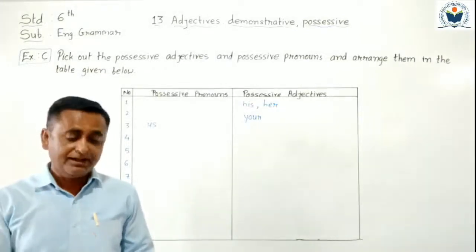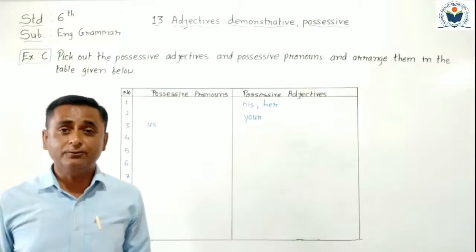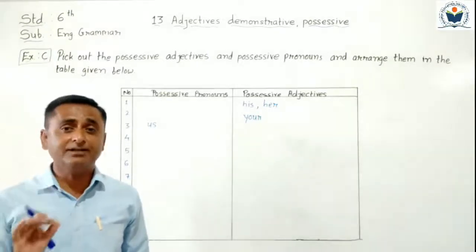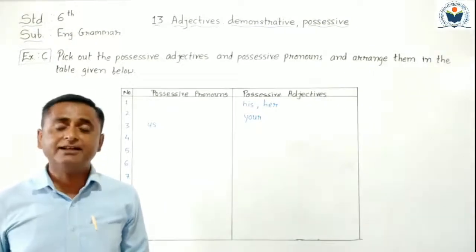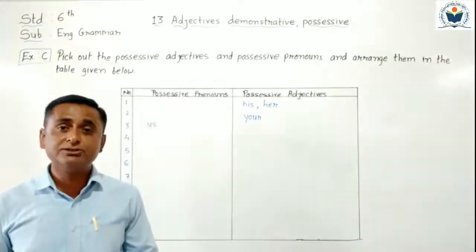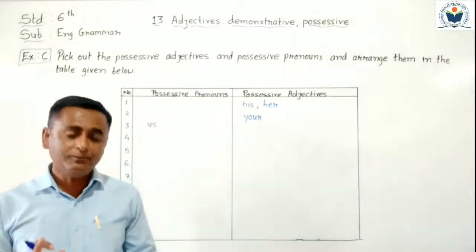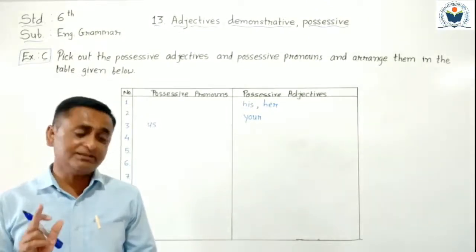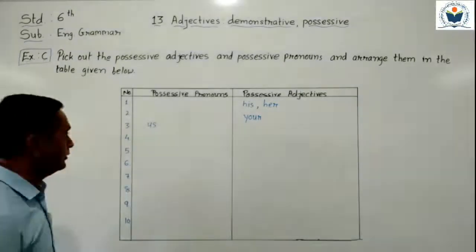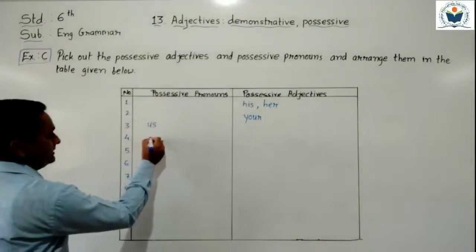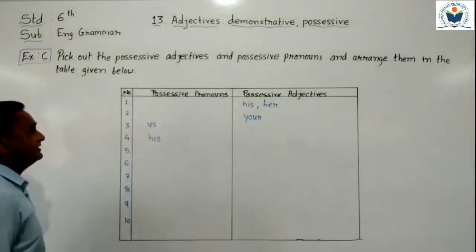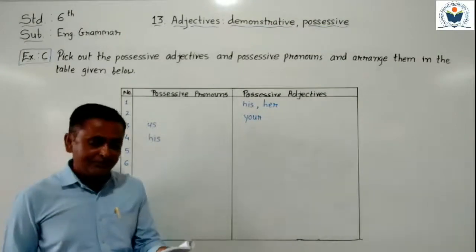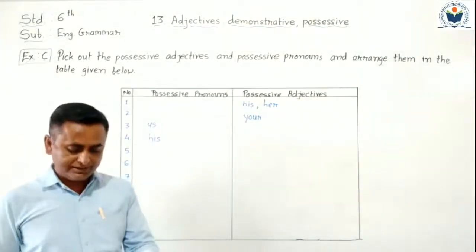See here, after his no noun follows. His is the last word of that sentence. After his, a full stop follows. So we can say that here his is used as a possessive pronoun. So we have to put his here in the fourth sentence under possessive pronoun.